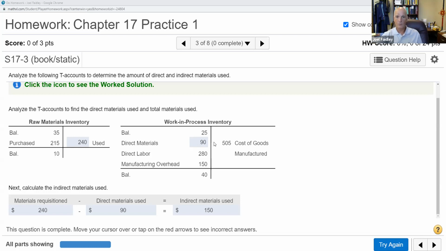So that's got to be 440, right? And so 280 and 150, what is that? Did I do that backwards? I believe I did. 25 plus 520. 25 plus 520 minus 550. I still did that wrong. I can't add this up.